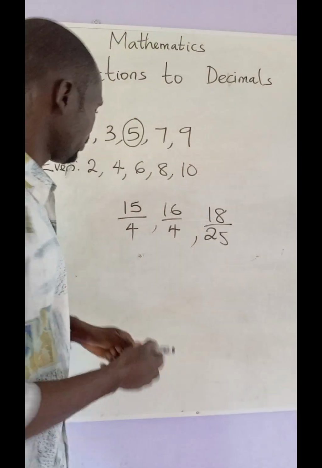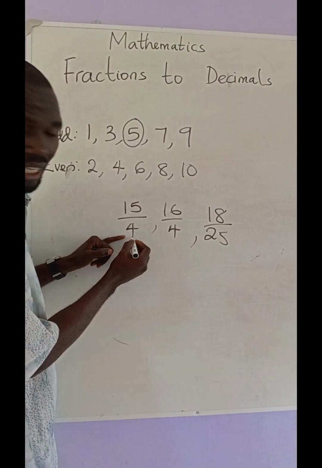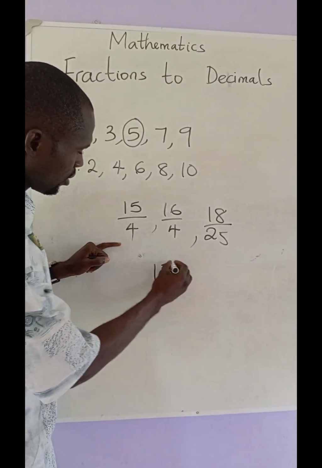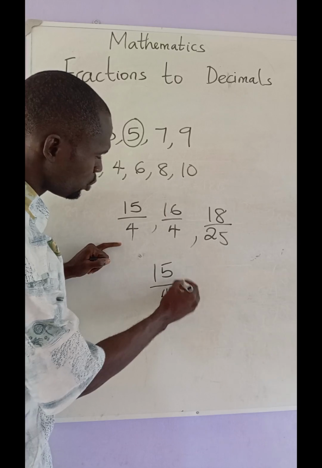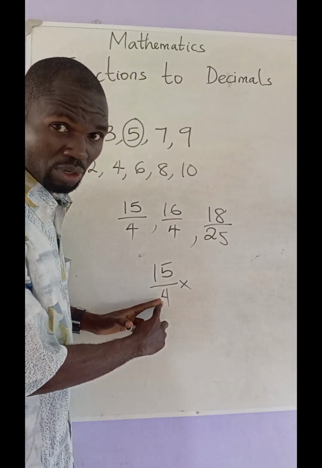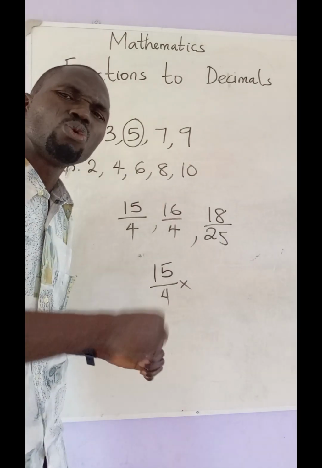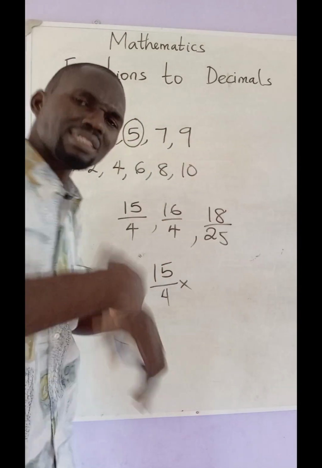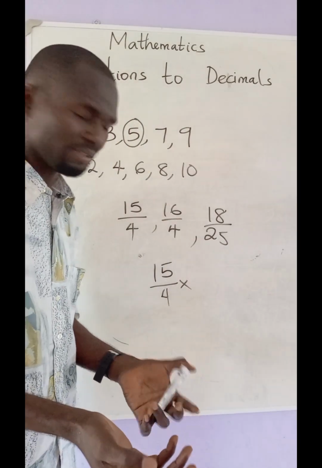And how? This is 4, right? We have 15 over 4. What you do is, you try to multiply the denominator by the number that will give you 10, 100, 1,000. You understand me?